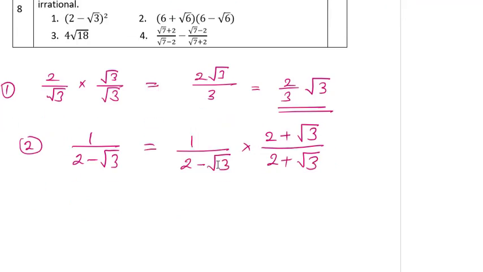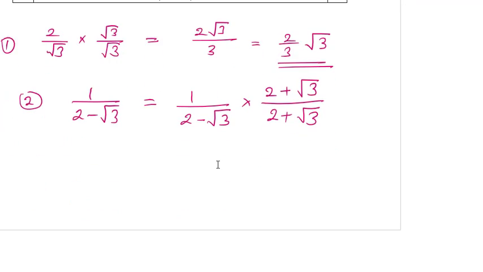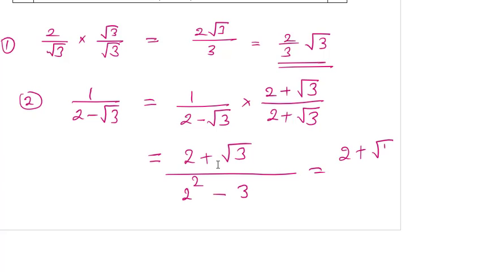The numerator will be 2 plus root 3, and the denominator, using a minus b into a plus b, you will get 2 square minus root 3 into root 3, which is 3. So your answer is 2 plus root 3 whole divided by 4 minus 3. So finally you will get 2 plus root 3 divided by 4 minus 3, which is 1.